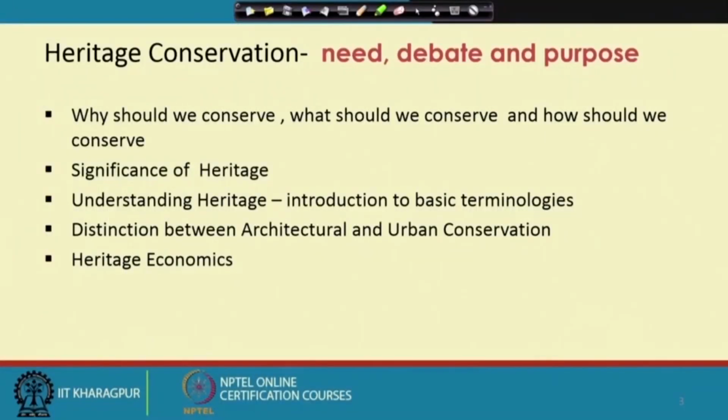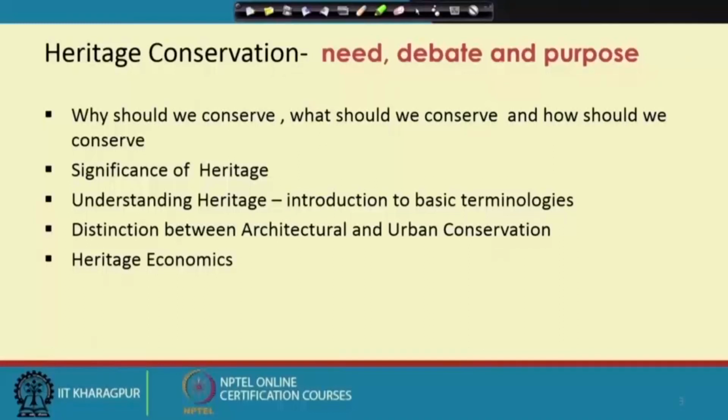Related to that, a very important part is the significance of heritage. What is the significance of heritage in our daily life? Why should we conserve it? What does it mean not only to us as professionals, but also to the common people? They are a very important part of conservation. So understanding the significance, or what the value of conservation or the evaluation of conservation is, is very important.